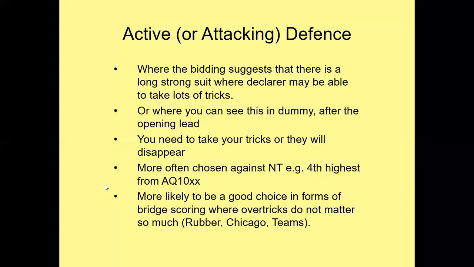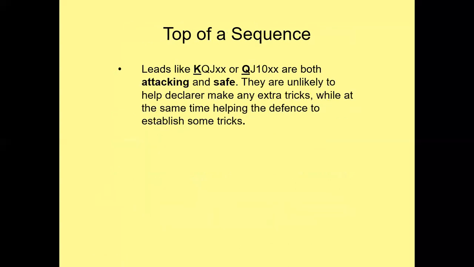Okay, so let's have a go into this in a bit more detail, but I just want to emphasize that there are certain leads, and this is really top of the sequence leads, which are both attacking and safe. That is to say, if you lead the king from a king, queen, jack sequence, that's very unlikely to help declarer make extra tricks, whereas at the same time it's an attacking lead, which will hopefully set up some tricks for your side.